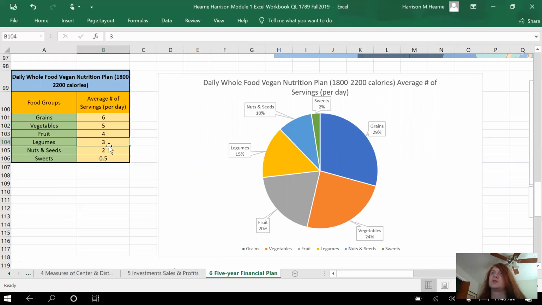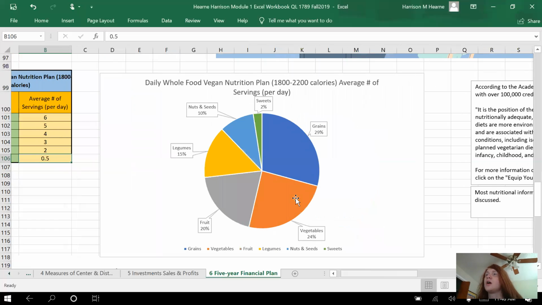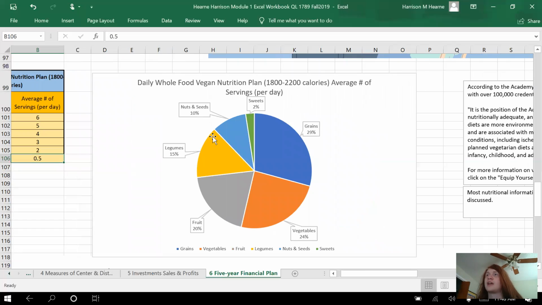A lot of them are beans and legumes, is kind of what this category covers. A lot of protein comes from there. Then 2 servings per day of nuts, and then on average about a half serving per day of sweets. I don't typically eat that much sweets. So this is a pie chart that breaks down the percentage of each one of those categories and how much I eat per day.